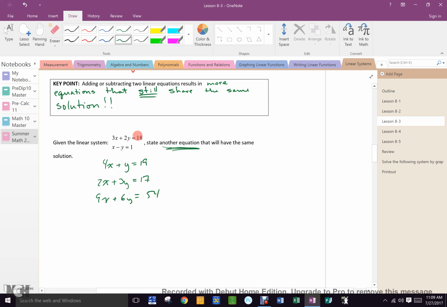Multiplying everything by 3. Could I do 5x minus 5y equals 5? I could, couldn't I? Right? Is everybody cool? I can add equations, I can subtract equations, I can multiply equations, I can divide equations. Is everybody good? Okay. That's the basics for what we're about to do now.